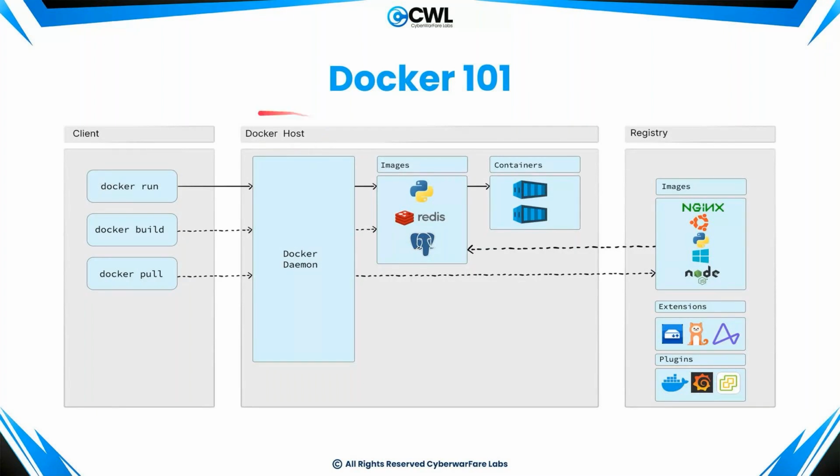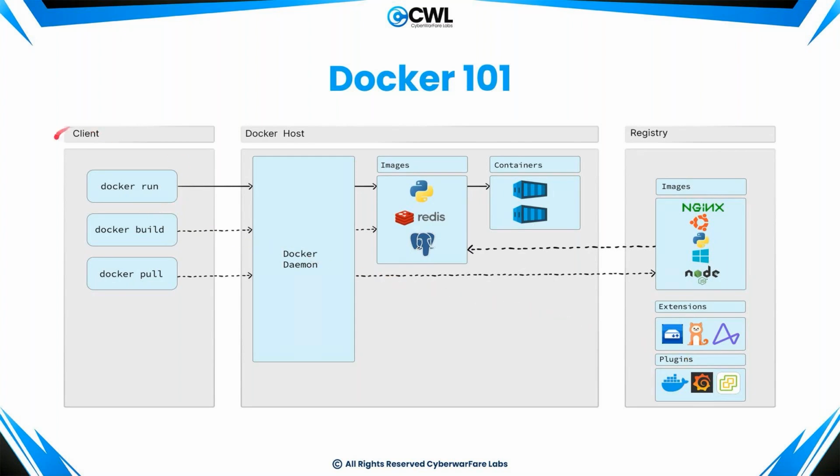The Docker host can be a physical machine or a virtual machine which runs the Docker software. And third is a registry. A registry is a place, which can be local or remote, that stores the images we talked about a couple of slides before. Images can be of Nginx, Ubuntu, Python, Node.js, and there can be extensions and plugins as well.